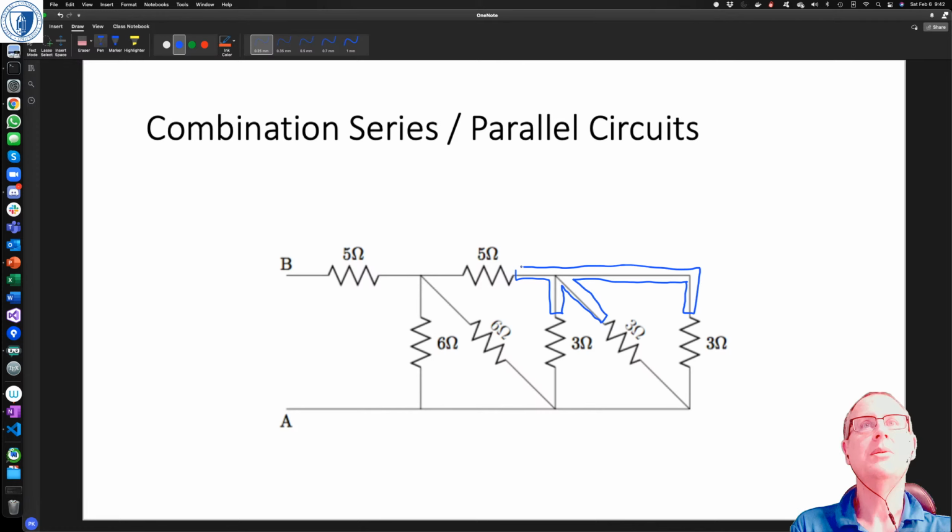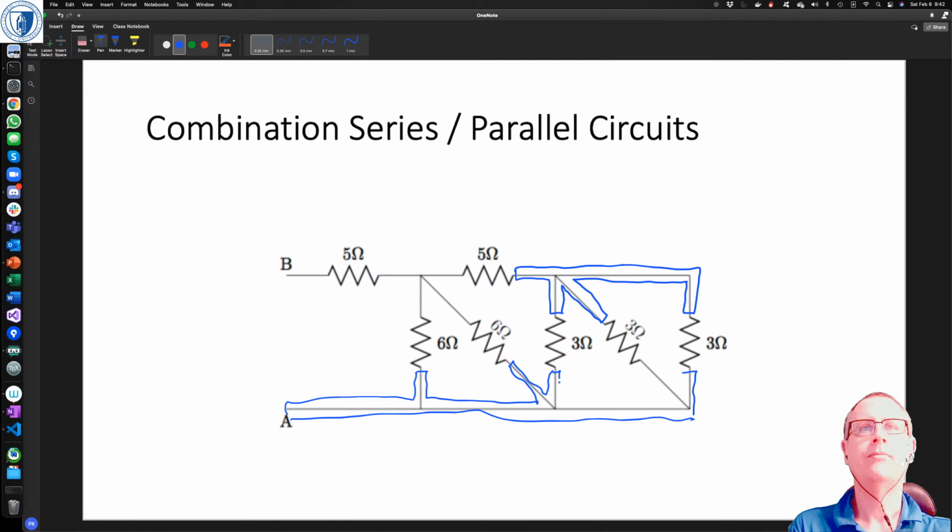Right, so there's a node, and there's a big node down the bottom here. And then there's one here.